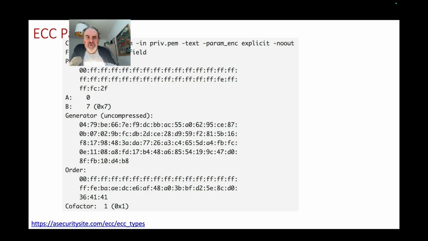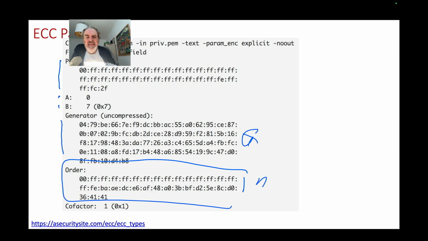Okay, so if we wanted to look at the parameters which we have, this is the prime number that we're using. This is the value of A and B. This is the G value here. And then the order is called N, and that's the number of points that are possible, because not every point is possible within an elliptic curve field.